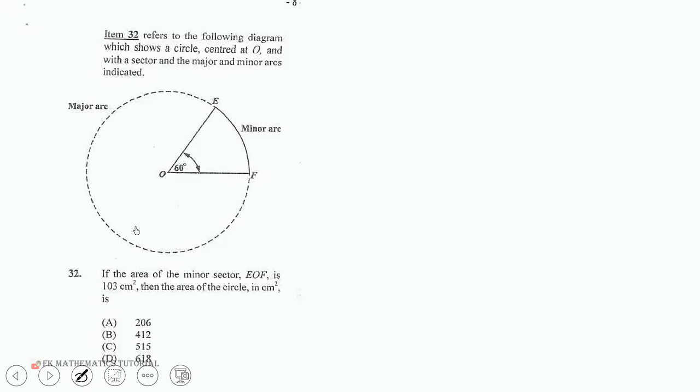Item 32 refers to the following diagram, which shows a circle centered at O with a sector and major and minor axes indicated. If the area of the minor sector EOF is 103 centimeters squared, then the area of the circle in centimeters squared is, so the area of this is given as 103. We know the area of a sector is given by 60 over 360 degrees times the area of the circle, which is pi r squared.